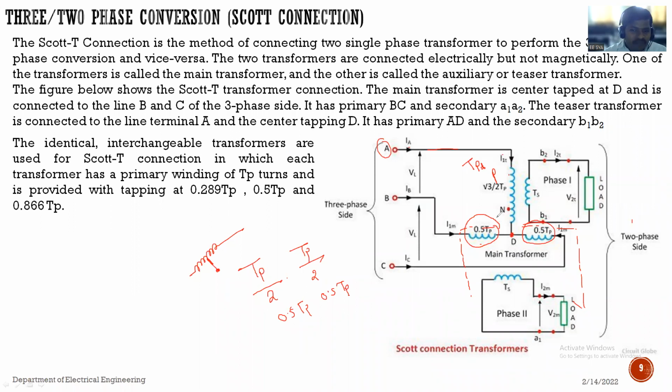Another terminal of this teaser transformer is connected to the center tapping point, where the primary winding of the main transformer is divided into two parts. So here an electrical connection is made. त्याच्यामध्ये इलेक्ट्रिकल कनेक्शन केलेलं आहे बघा.